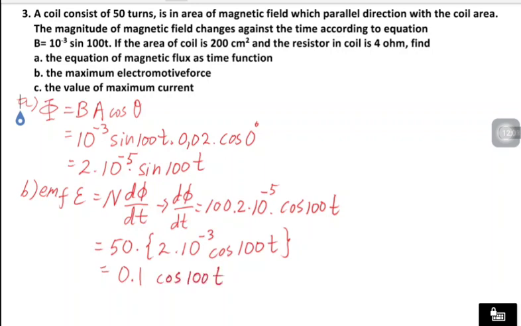Okay, we have to remember that the cosine function will reach its maximum value when the value of cosine is 1.